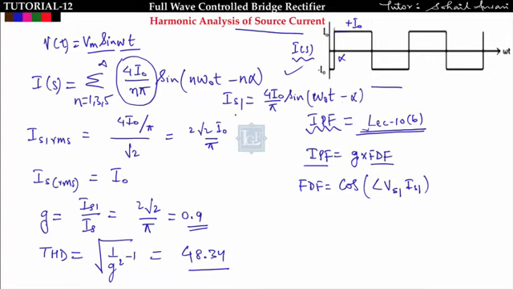So you can see that the angle displacement between the fundamental source voltage and the fundamental source current is nothing but alpha. Source current is displaced by an angle of alpha. So the fundamental displacement factor will come out to be cos alpha.